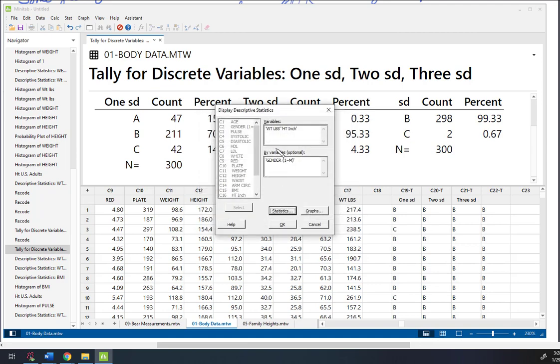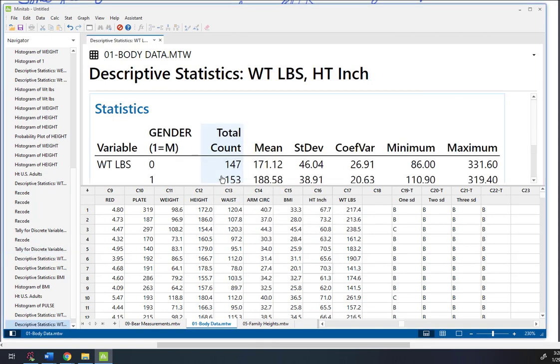We'll say OK there. Double check here. We're going to be looking at weight and height for men and women. That's our bivariable. We've picked the statistics we want. Let's say OK. And here's our result.